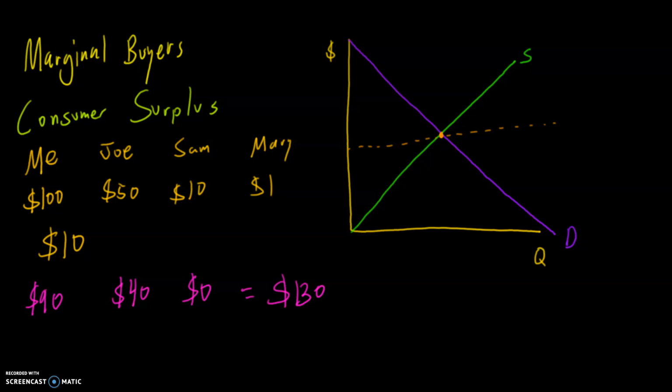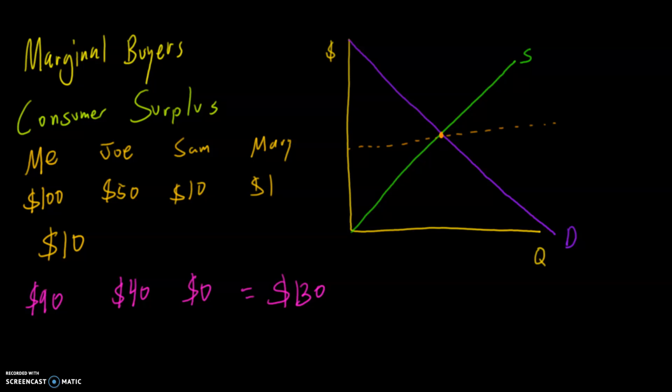And instead of consumer surplus being the theoretical savings, the producer surplus is the theoretical earnings, because they're earning $10 more than they'd be comfortable with earning. So same thing, you take the market price minus the marginal price for the producers, and then you add them all together and you have the producer surplus.